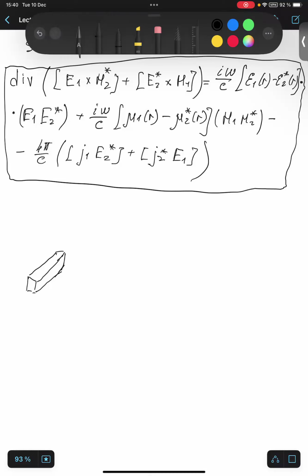So we have some waveguide and consider such a volume, such a volume, and it is perpendicular to Z. So this is our V volume, perpendicular to the Z axis.